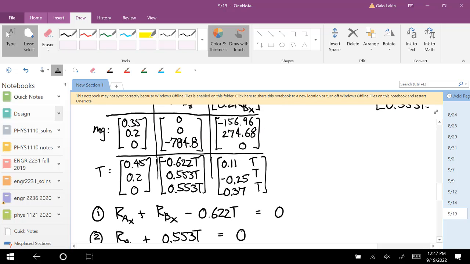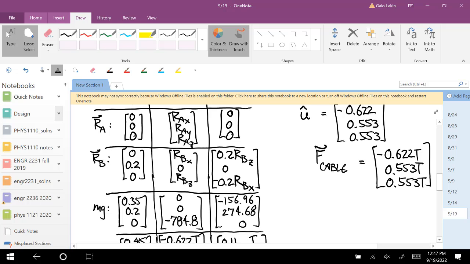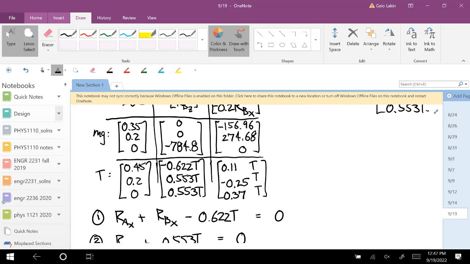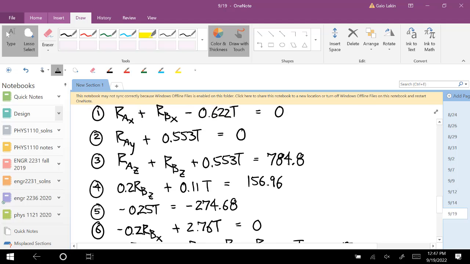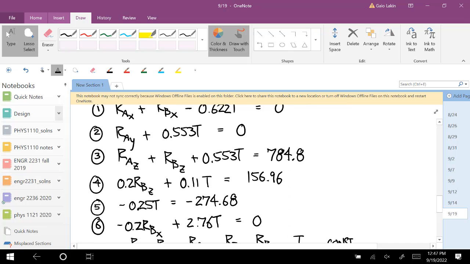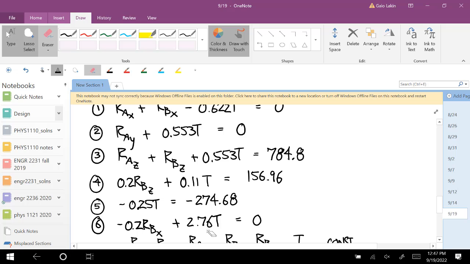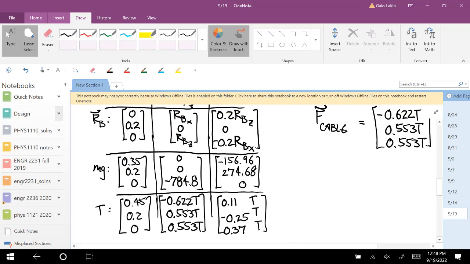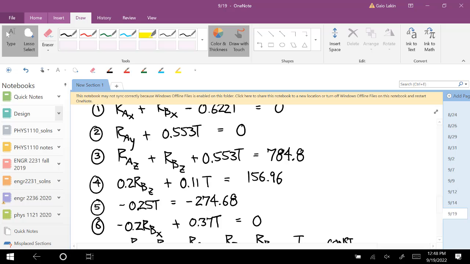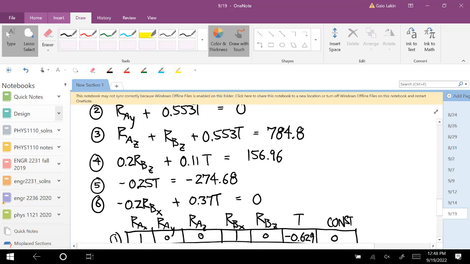And then for equation 6, we get negative 0.2 RBX, positive 0.37 T, and then 0.